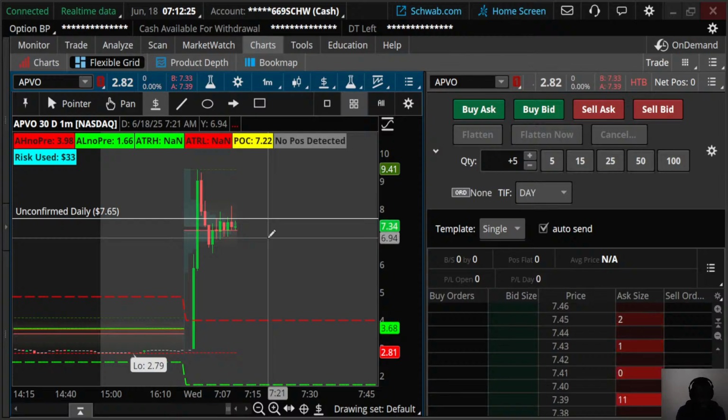Not saying it can't do it, but definitely doing a little bit of consolidation under this unconfirmed level, which at this point looks like a little bit of resistance maybe. 5 million shares traded on this one now. 15 seconds left on this 1 minute candle.